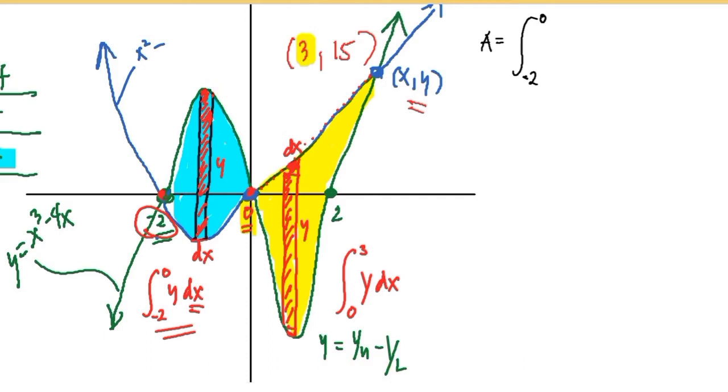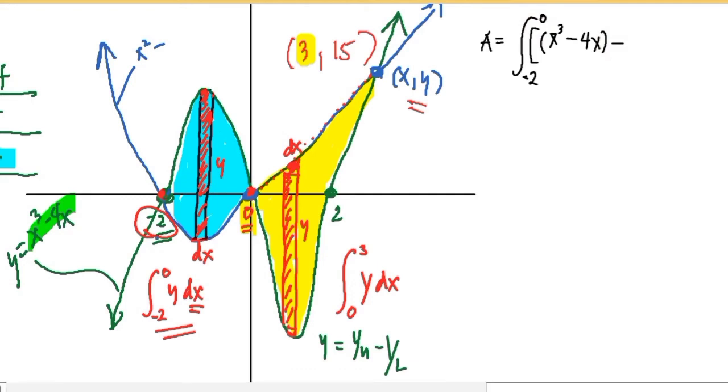Yung green natin na equation ay ito: that is y up, x cubed minus 4x, minus yung y low natin, yung sa baba, itong kulay blue. Sana napunta yung equation natin. Bakit nabura na?